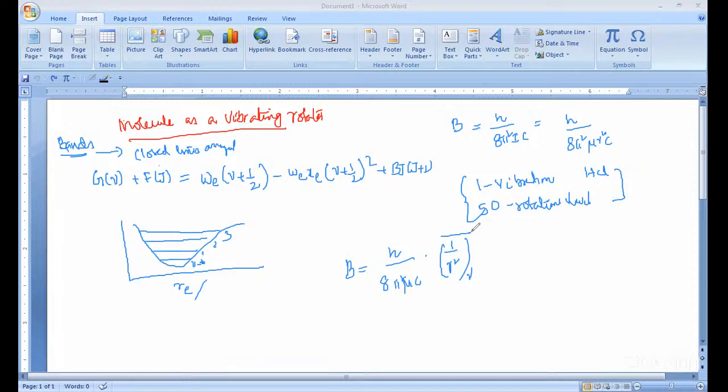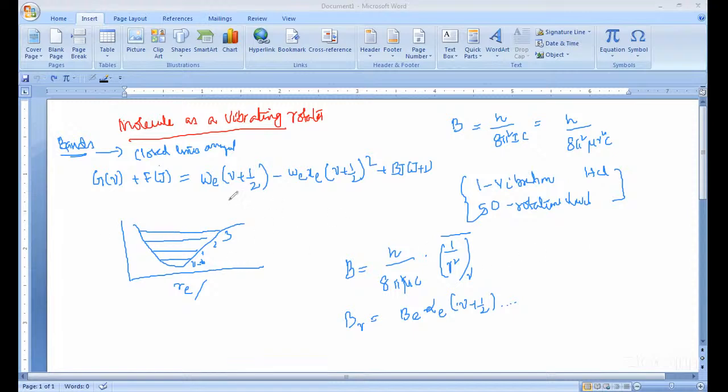It can be shown that the rotational constant B_nu in the vibrational state nu is given by B_nu equals B_e minus alpha_e into nu plus half, and so on. This alpha_e is a constant which depends upon the shape of the potential curve.